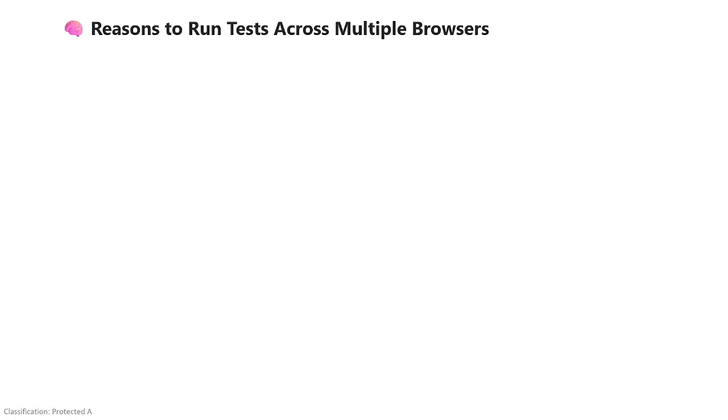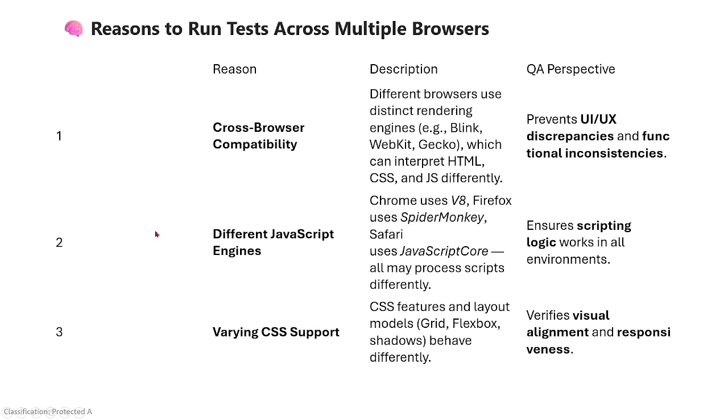Reason to run tests across multiple browsers. Cross-browser capability: different browsers use distinct rendering engines, that is Blink, WebKit, Gecko, which can interpret HTML, CSS, and JavaScript differently, causing UI/UX discrepancies and functional inconsistencies.